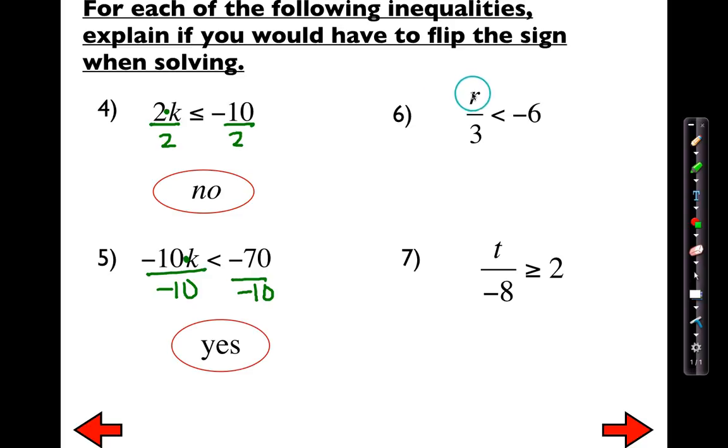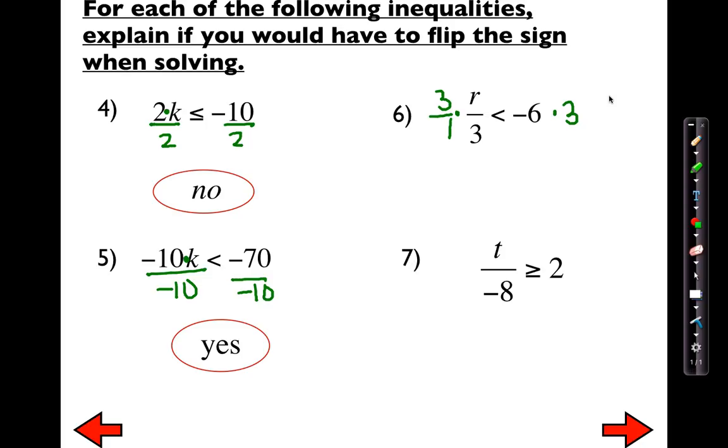For number 6, we have r over 3 is less than negative 6. In order to isolate r, we're going to have to do the inverse. So this is r divided by 3. The inverse of dividing by 3 would be to multiply both sides by 3. So in this case, am I going to have to flip the sign?